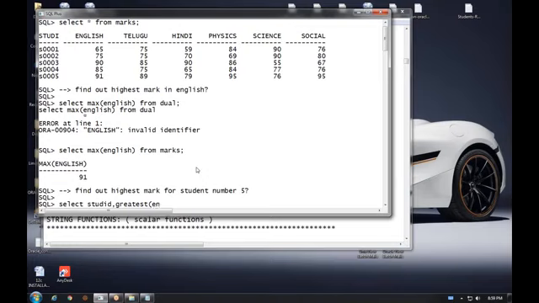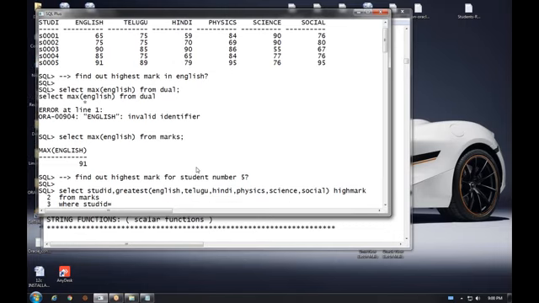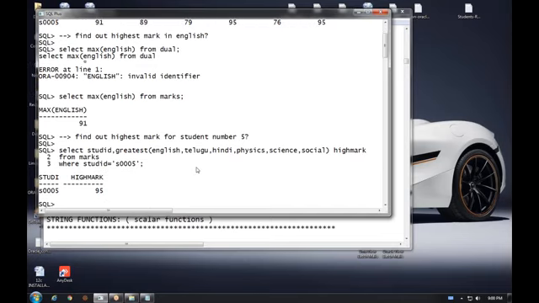So greatest of English, Telugu, Hindi, physics, science, social, from the marks table, where student ID is equal to S0005. For student ID 0005, what is the highest mark? 95.